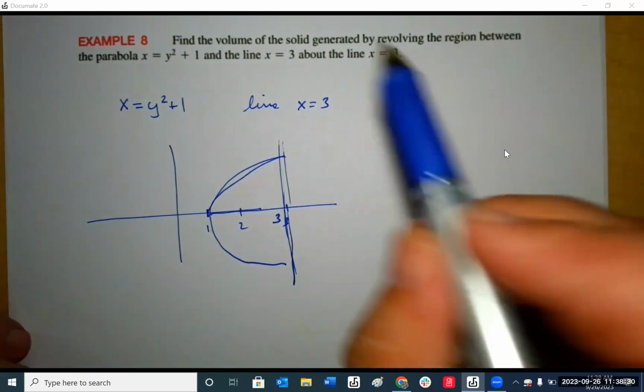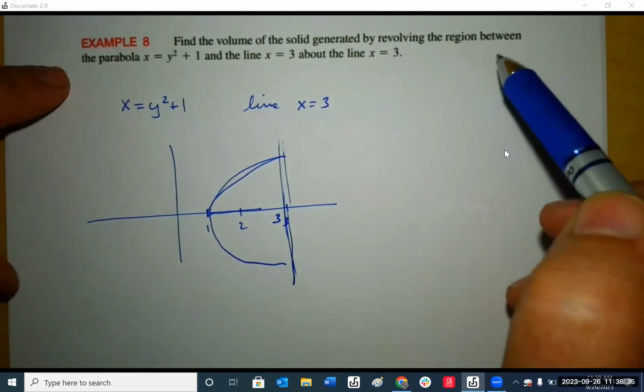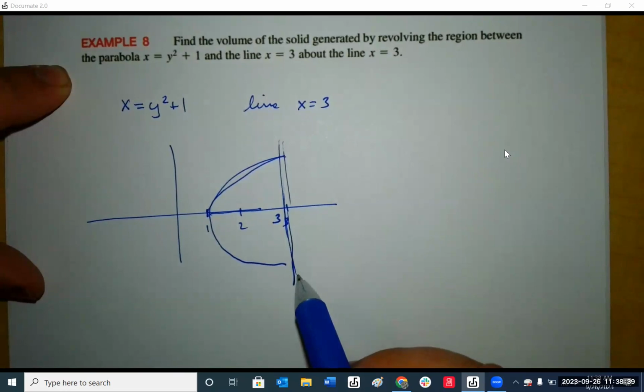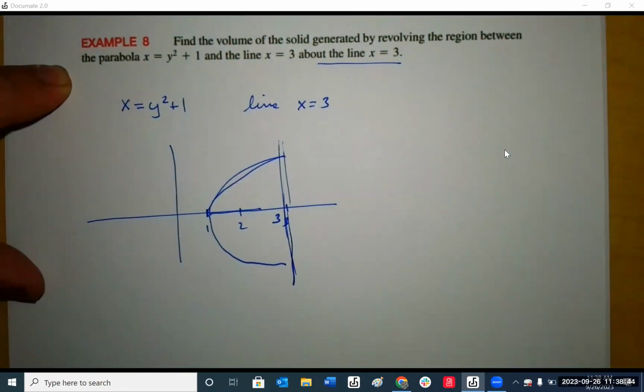Okay, that's the first part. Find the volume of the solid generated by revolving the region between the parabola and the line about the line x equals 3.